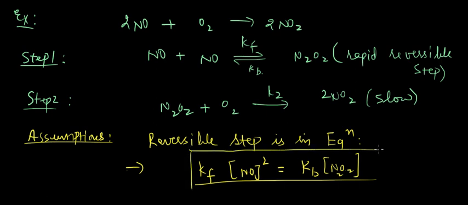Rate of forward direction would be Kf times the reactant of the forward direction, which is NO, and as this is an elementary step, we put the stoichiometric coefficient 2 in the power. This should equal the rate of backward direction, which would be Kb, the rate constant of the backward direction, times [N2O2], as N2O2 is the reactant for the backward direction.